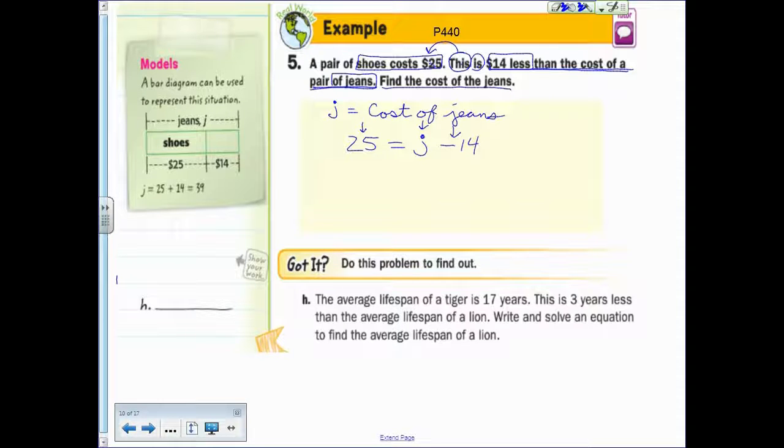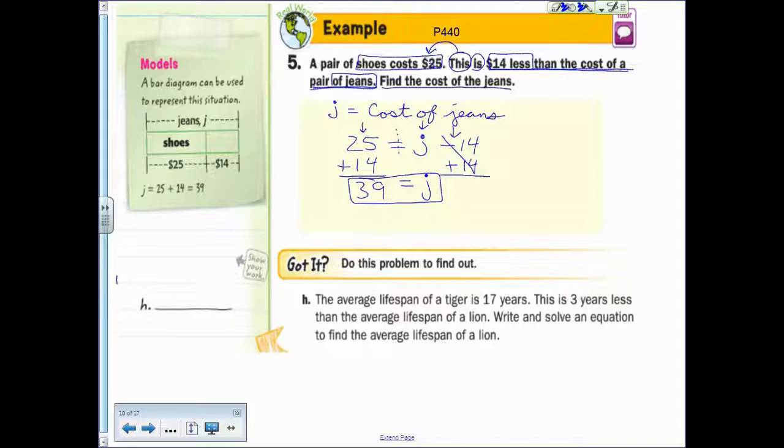So the opposite of subtracting 14 from J, because again, I want to get J all by itself on that side of the equal sign, would be to add 14 to both sides. Subtracting 14 and adding 14 are opposites. So they cancel out. So I can just bring down my J, bring down my equal sign, and then I have two positive numbers over here on the left-hand side, 25 and 14, and that equals 39.